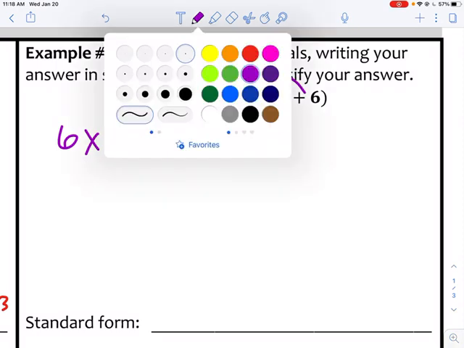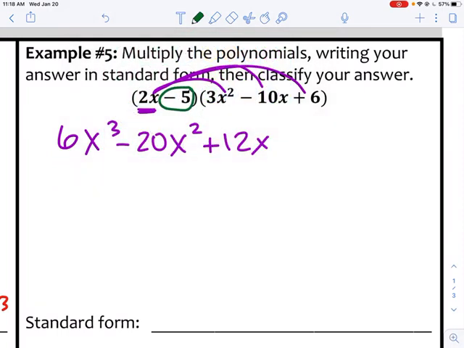All right, we've used that purple. So now I'm going to change it to green, and I'm going to pick up that negative 5 for our distribution. And we're going to get negative 5 times 3x squared, which is negative 15x squared. So we're going to save a step, and we're just going to set it underneath our x squareds. So what you're going to see is after your first term is multiplied through, you're always going to end up combining with your second term. Or you can just find what your term should be and match it up, right?